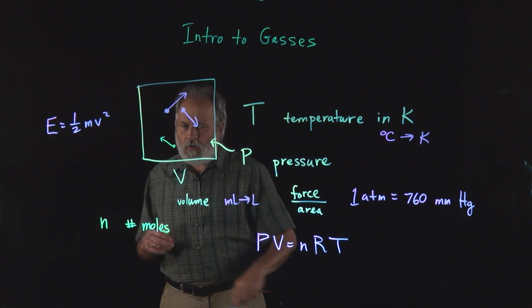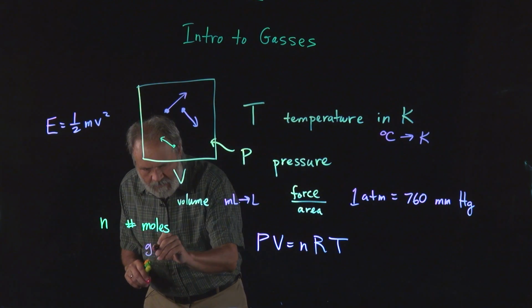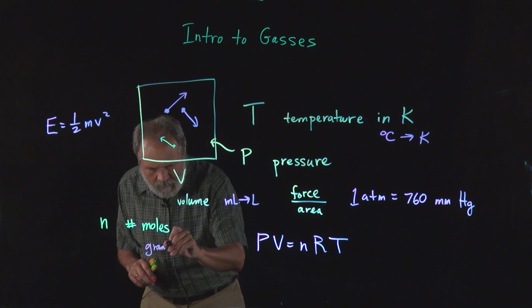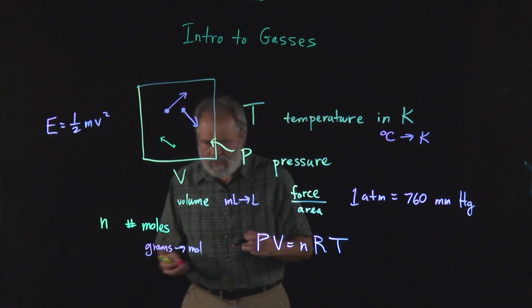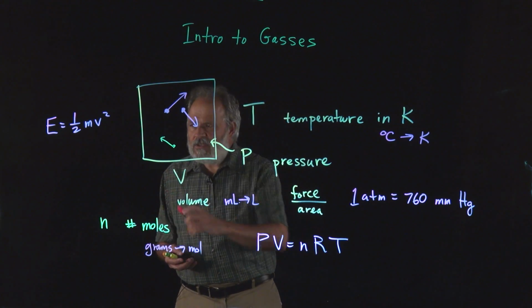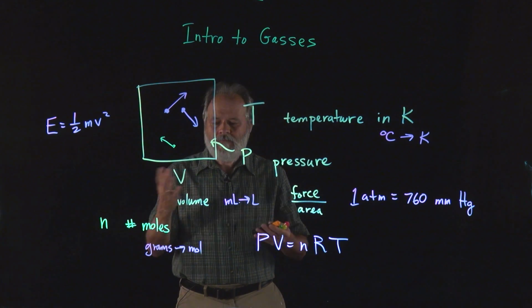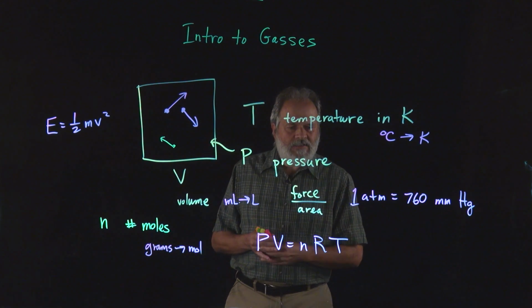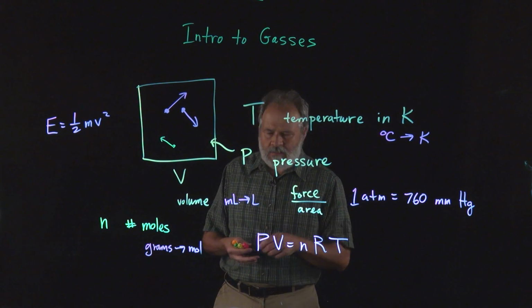And then, of course, moles: you should be able to convert, for example, grams to moles using the molar mass, if you need to. This last conversion you usually don't wind up doing in these problems.